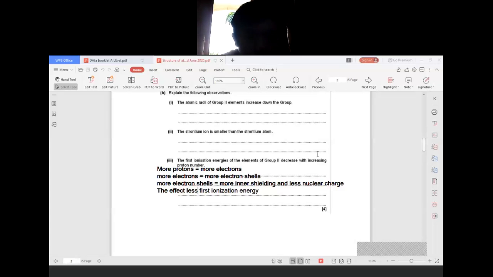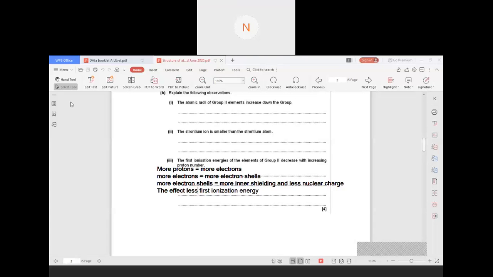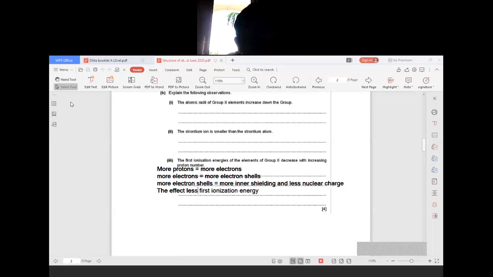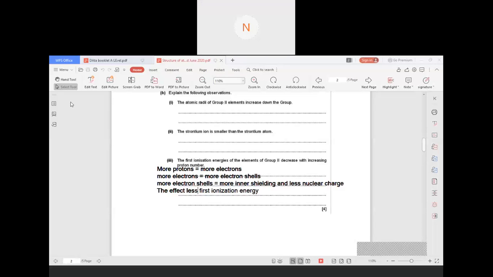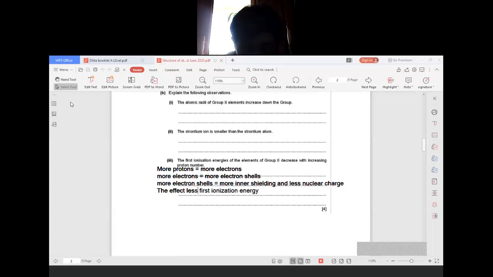Okay, Brian. Teacher, may I ask? Yes, of course. More inner shielding, is it like there's a stronger attraction for the inner electrons compared to the outer electrons? Yes, correct. The inner electrons prevent the outermost electron from feeling the attraction with the nucleus, for them to get removed.